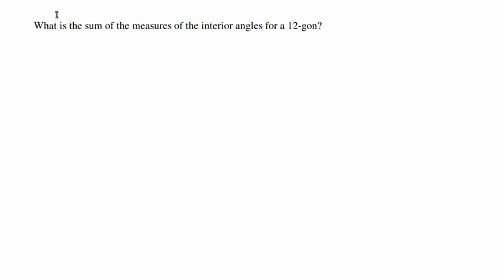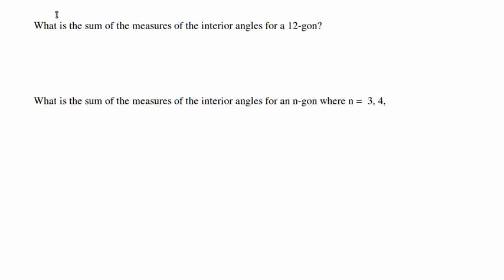And then, what is the sum of the measures of the interior angles for an n-gon, where n is equal to a number such as 3, 4, 5, on and on? You may want to do the second one before the first one. So pause the video and try to answer those questions now.